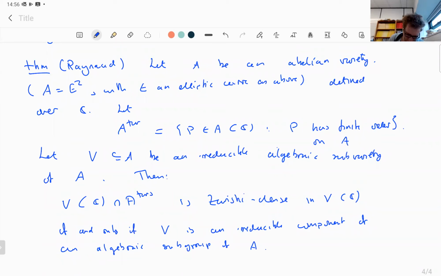So if you're a component of an algebraic subgroup, then general theory of abelian varieties tells you that the torsion is Zariski dense. So the content is in the other direction.